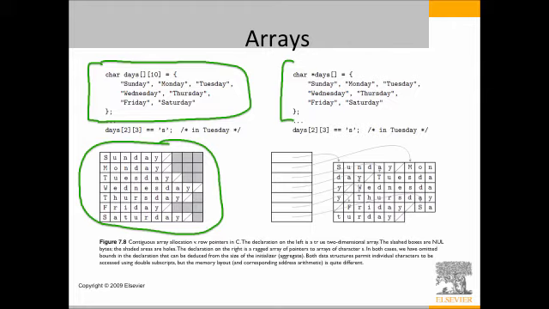Whereas the other way is you can use a set of row pointers, which is what I've done right here. So now all I've allocated is a one-dimensional array of pointers to char stars. And now each entry points to a different set of memory, and you'll see that now there's no wasted space.